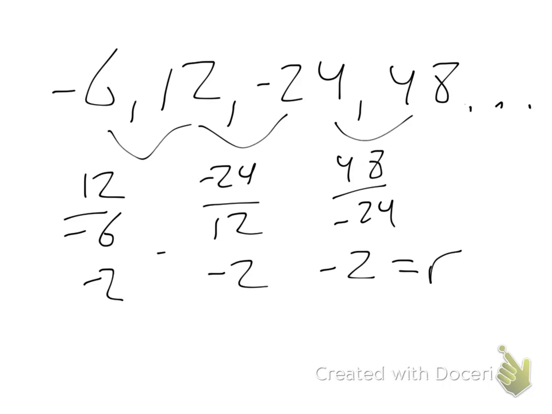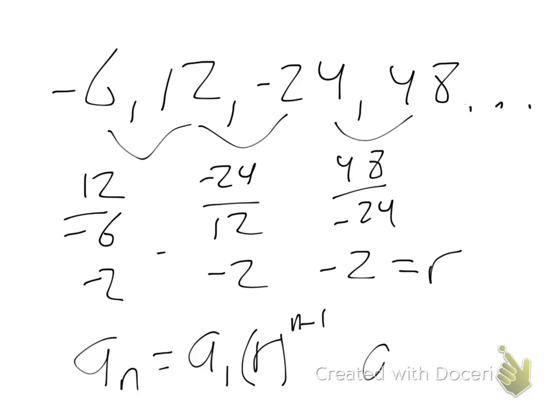Yes, that's awesome. It's geometric. And now to write the equation, it's as simple as saying A sub n equals A1 times R to the n minus 1, which means A sub n equals, always write down the blank first before you fill it in. What's A1? -6 times -2 to the n minus 1.